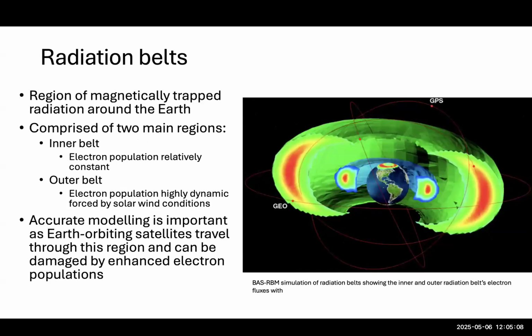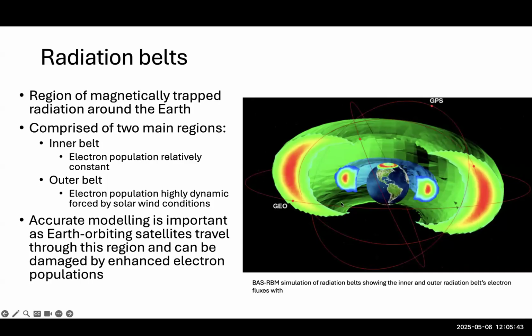So the radiation belts in general are a region of magnetically trapped particles around the Earth, comprised of an inner belt, which has a pretty constant electron population, and the outer belt, which is what I'll be focusing on, which has a far more dynamic electron population, driven more by the solar wind conditions.